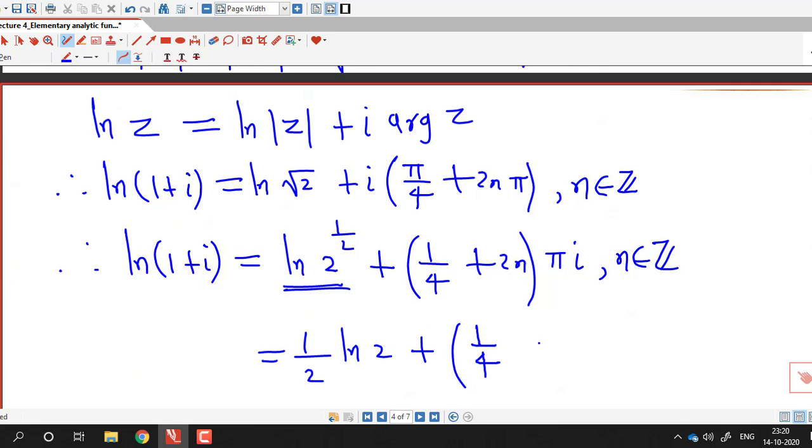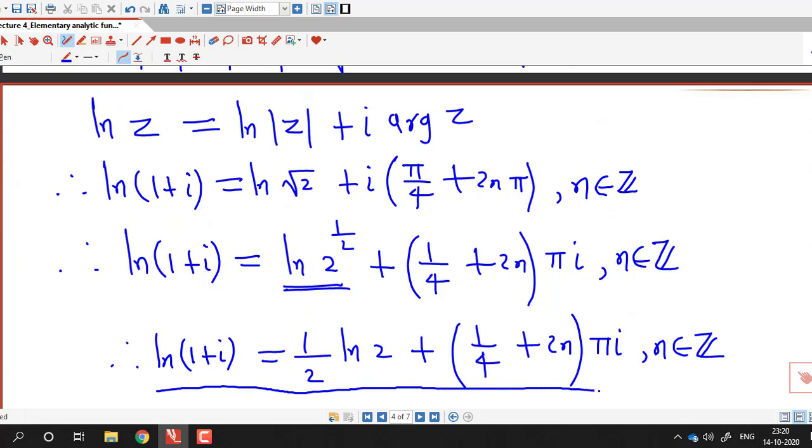If we wish, we can take the LCM, but here we keep it as it is. Therefore the general natural logarithm of 1 plus i is 1 by 2 ln 2 plus (1 by 4 plus 2n) pi i, n belongs to Z.